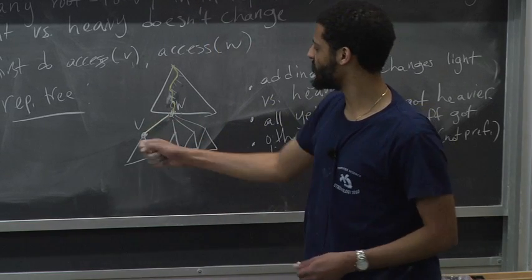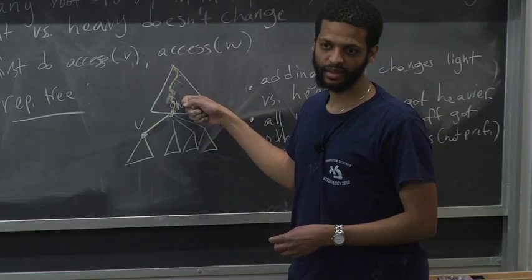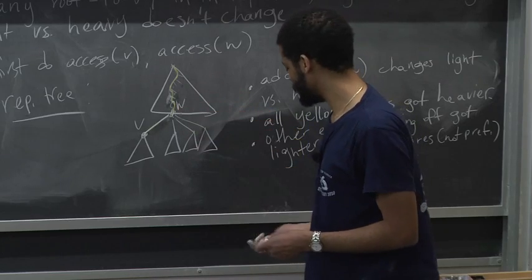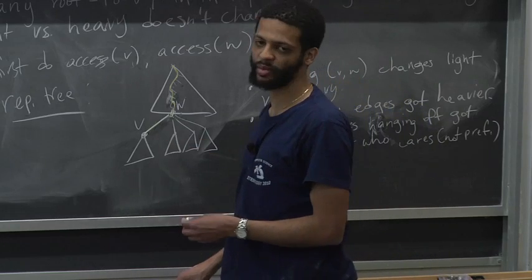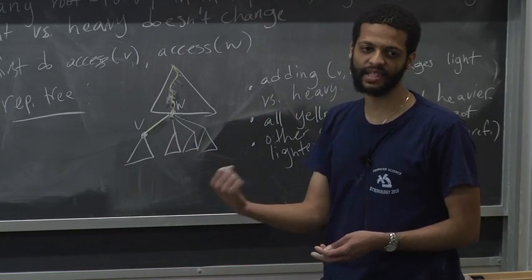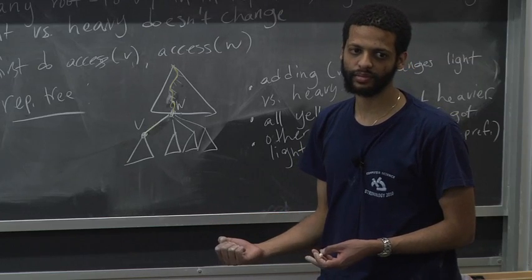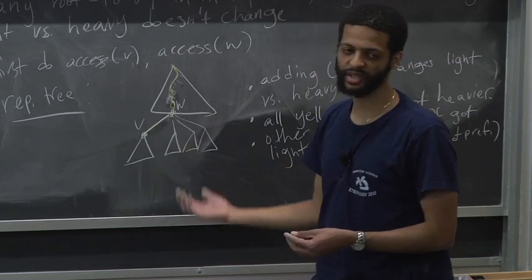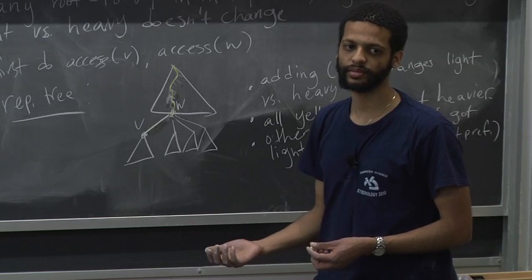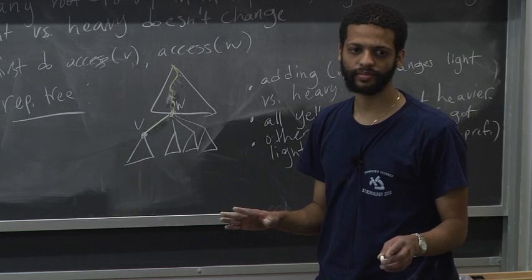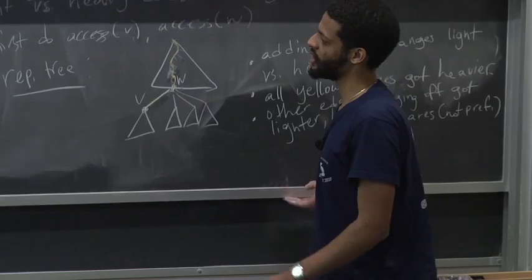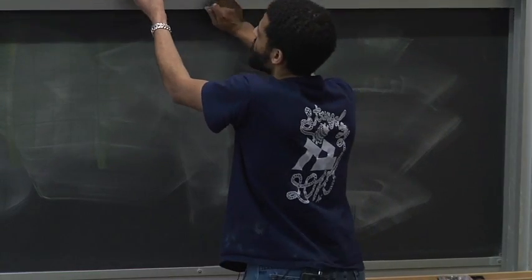Because we did an access on V, then we did an access on W. So V might have some preferred child. Oh, so now V doesn't even have a preferred child, because the last access in V subtree was to V itself. So that's actually the picture after a link. Does that make sense? So that's that. Now we just need to handle cut.